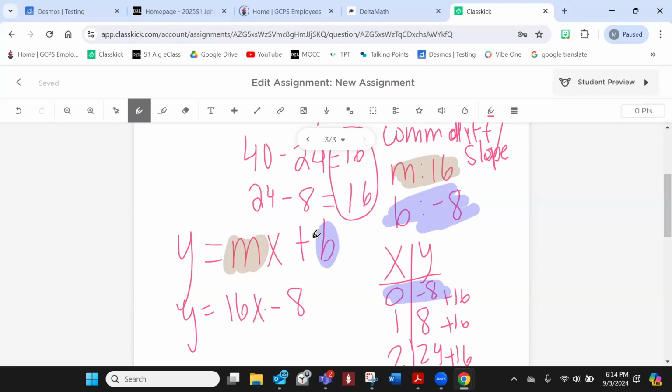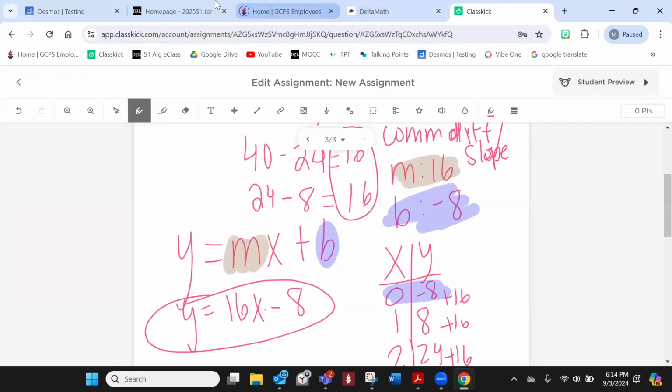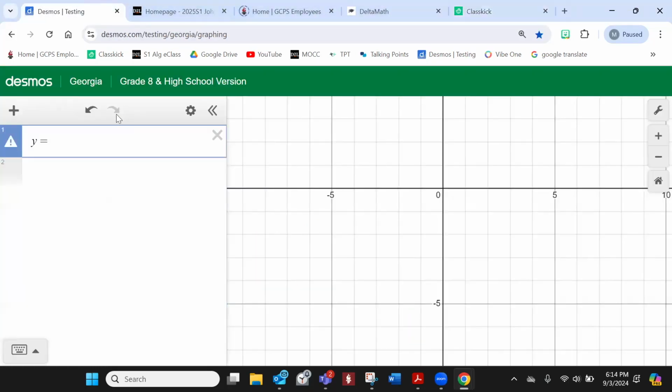Okay, now here's the question. From here, how do I use this to find the 55th term? Okay, let's go to Desmos. All right, so let's put y equals, got it just that quick, 16x minus 8.